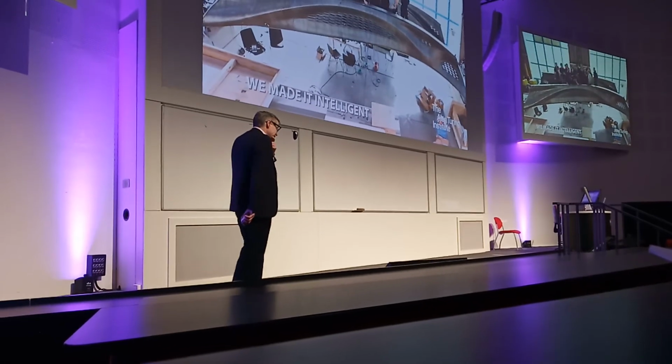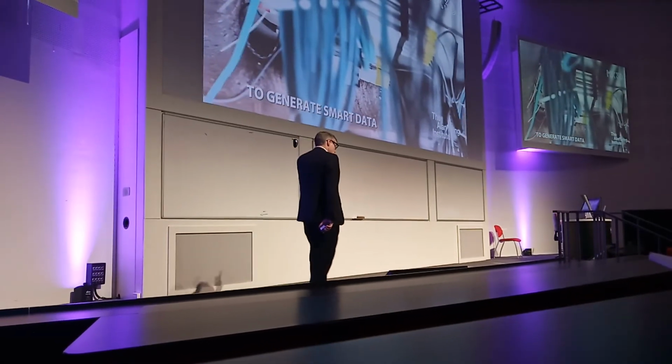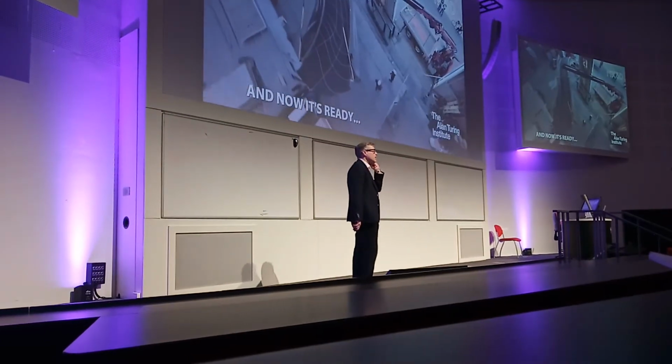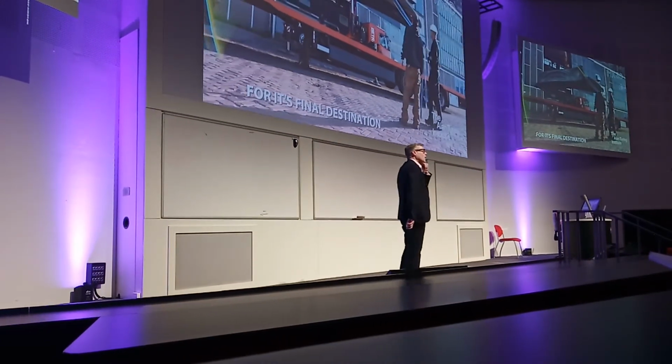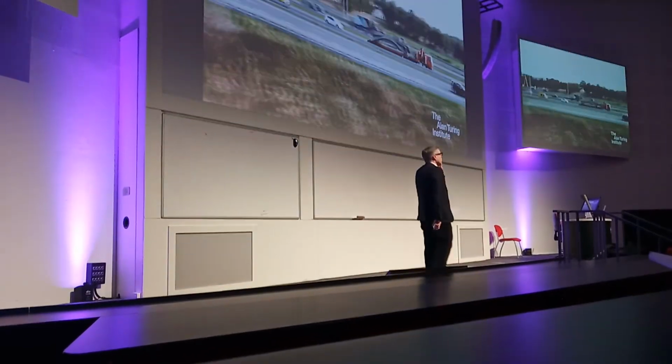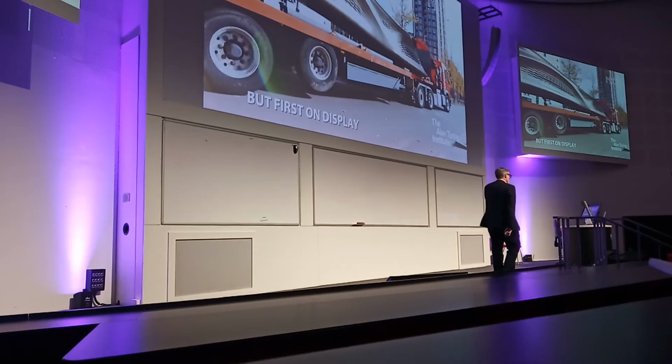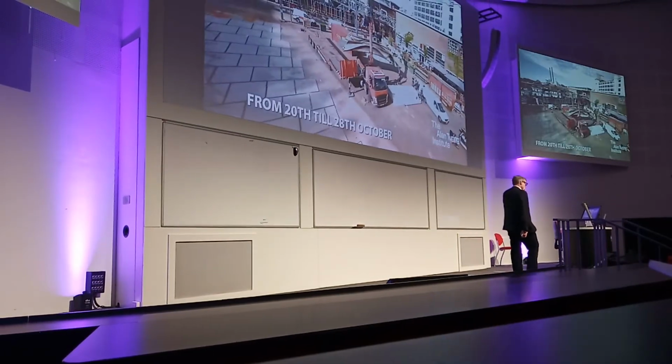And they came to us and said, we've designed this, we're building it, but we don't know what the material properties of 3D printed stainless steel are. And we don't know what the structural properties are of a structure that's constructed, or printed, in this way. Can you help us?